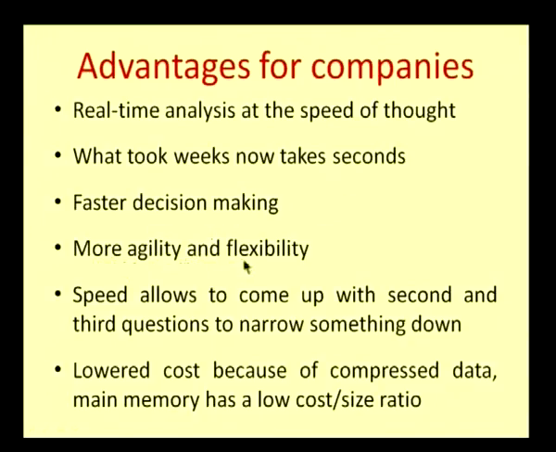It is more agile and flexible. Speed allows you to come up with second and third questions to narrow something down. Lowered cost because of the compressed data. Main memory has a low cost-size ratio. These are the advantages.